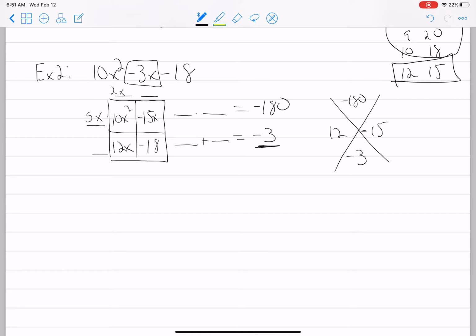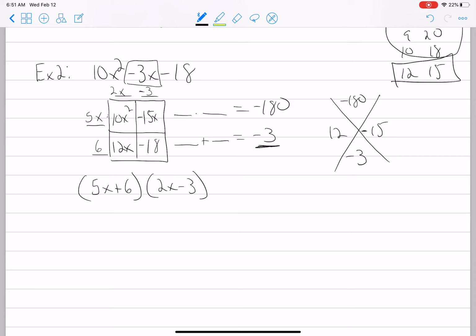And 2 times 6 would give me 12x. 5 times negative 3 would give me negative 15x. And negative 3 times negative 6 is a negative 18. This is looking beautiful. This factors to 5x plus 6 and 2x minus 3.